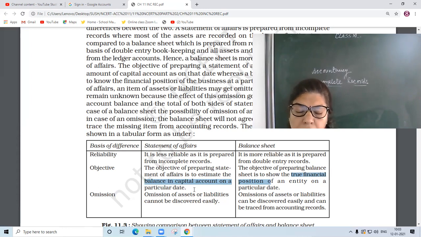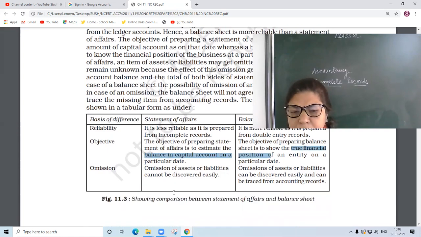Then see, this statement of affairs is prepared under the single entry system, so we cannot discover fraud, cheating, or omission of any asset and liability. But in the balance sheet, it can be discovered easily because complete records are prepared on the basis of the double entry system.